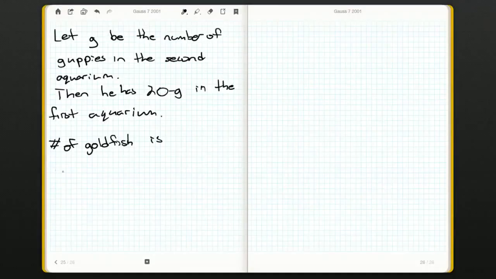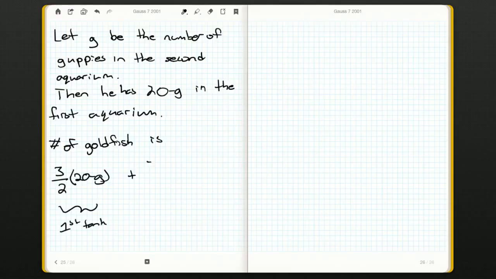So the number of goldfish in the first tank, just using our ratios, is 3/2 times (20 minus G), dividing the number of guppies by 2 and multiplying by 3.